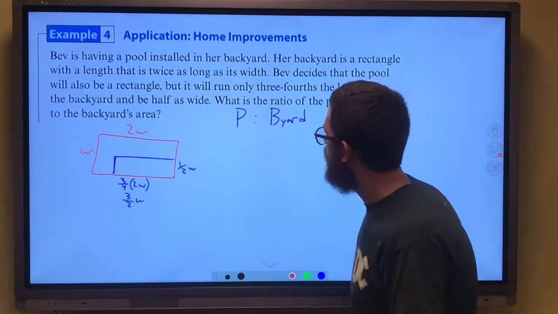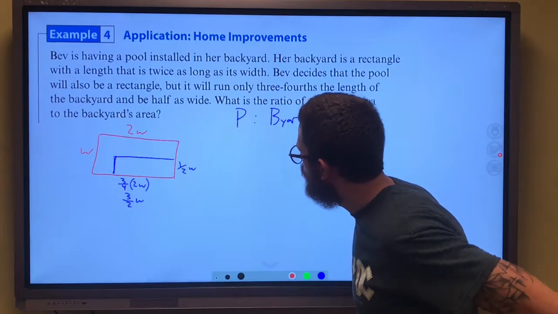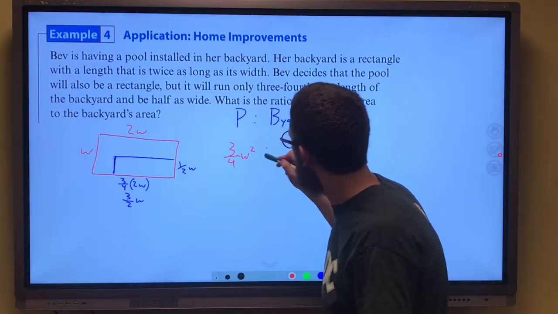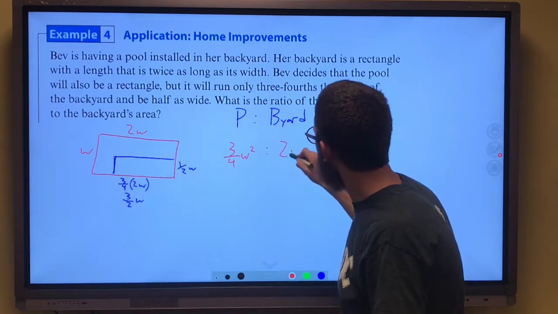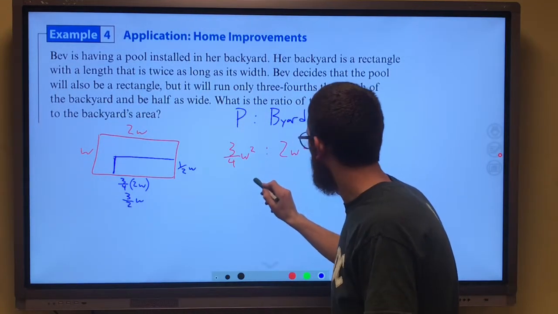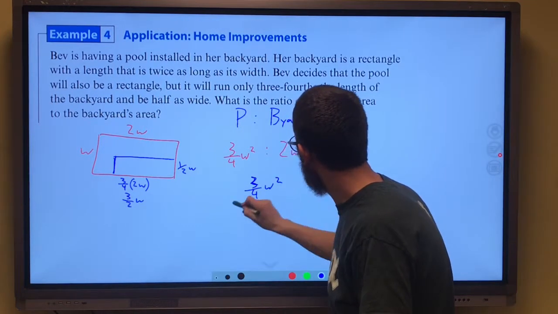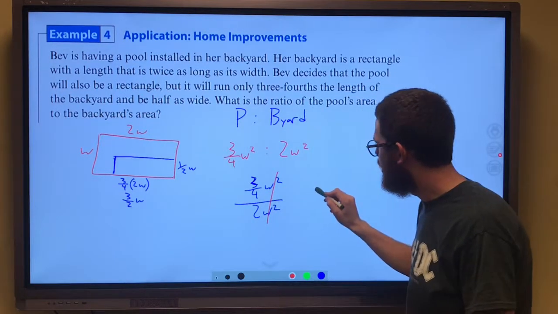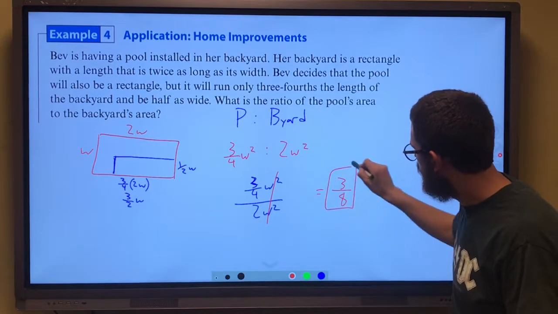Well, the area of the pool, 1/2 times 3 over 2 w, gives us 3/4 w squared, and we're comparing that to our backyard, which is 2w squared. So if we compare that as a fraction, 3/4 w squared over 2w squared, we get 3/8. It is 3 is to 8.